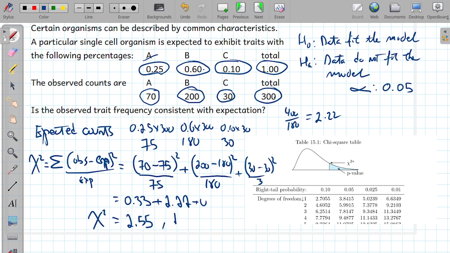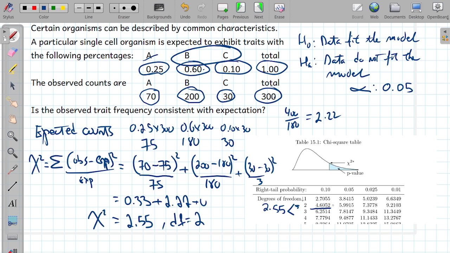And the degrees of freedom again, number of categories minus 1, so we have 2 degrees of freedom. Now let's take a look at that little table down here. We're using row 2 this time, and our test statistic is 2.55. So 2.55 is smaller than 4.6052, which is the smallest given value in the cutoff table.